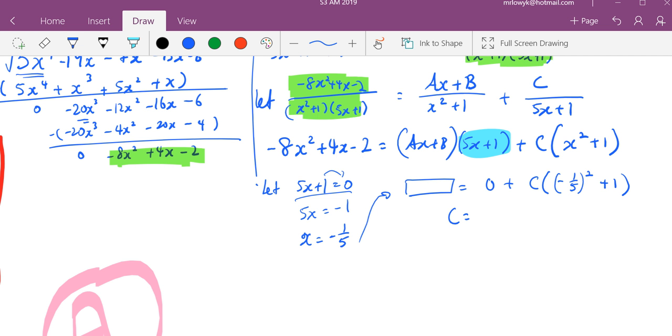So x equals to 0. Negative 2 equals B times 5x plus 1. So Ax is 0. That's B. Then the other one, I'm looking for the C answer. Negative 3.